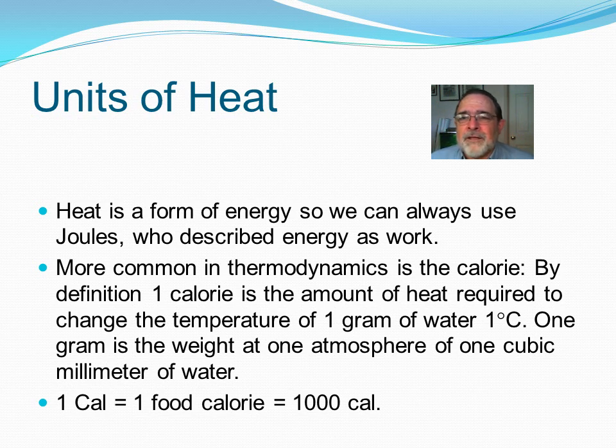If you put it in there, it would just about fill that on a flat screen. It's a very small amount of water. So 1 gram is the weight at 1 atmosphere of 1 cubic millimeter of water. Now in food we use kilocalories, or a large C. So 1 food calorie is actually 1,000 calories, or a kilocalorie.